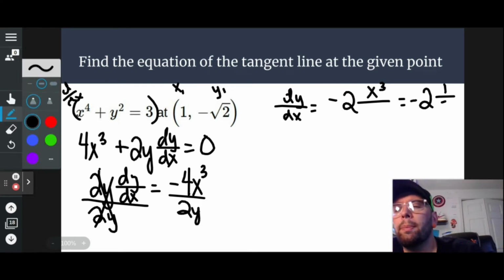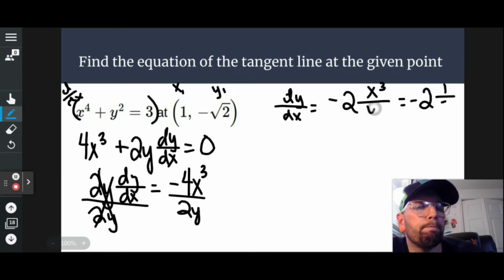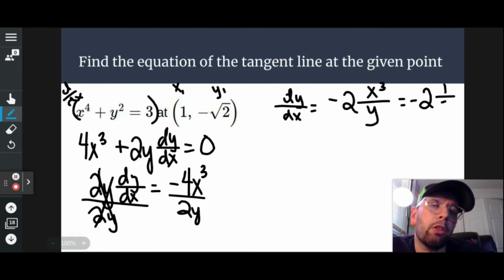That should just be y. Yeah, because that simplifies. My bad. x cubed is going to be 1 cubed, which is 1. y is going to be negative square root of 2. So my slope ends up being 2 over root 2.